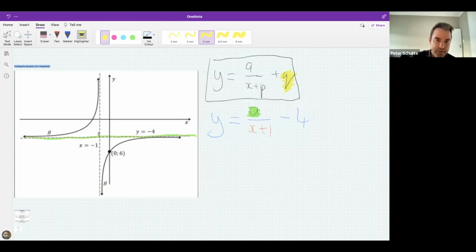What other information is on the drawing that maybe I could use? A is definitely negative because I can see what quadrants we're in. But now I want to know exactly what A is. Could we unmute Annie? Maybe Annie can help us. Annie, what do you think we should do?